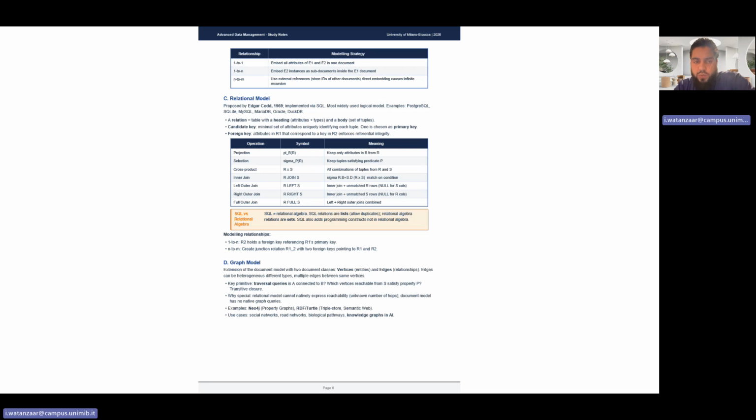So this is like one to one, where relation R2 holds a foreign key referencing R1's primary key. We discussed these concepts before in the relational model: we have a candidate key, and we introduced a primary key, and another is a foreign key. It is an attribute inside the table or entity which can be used for referential integrity.